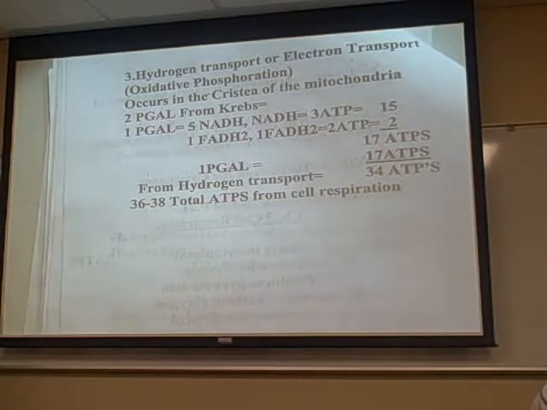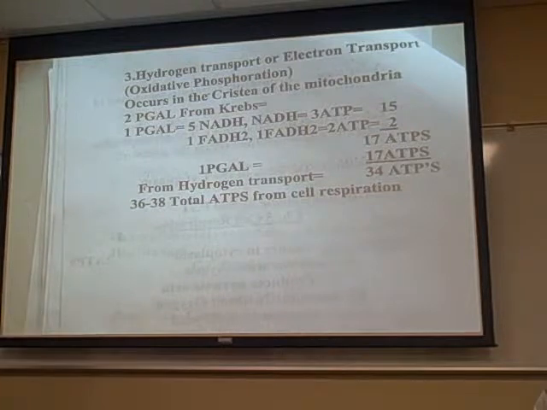So how many total ATPs do we get from cellular respiration? Can you add them all up? 34 in this one. How many in the previous? Oh, maybe we got to go back to algebra. 34, you agree? How many do we get out of Krebs? We just got 2.